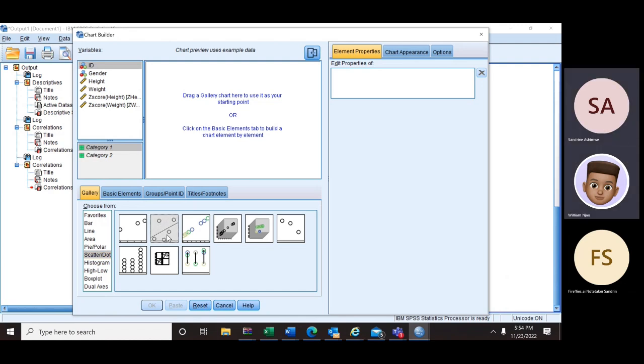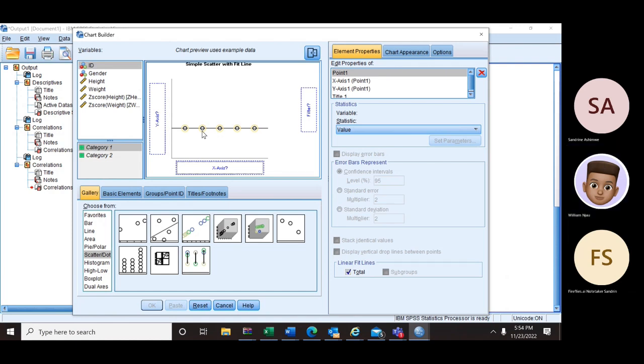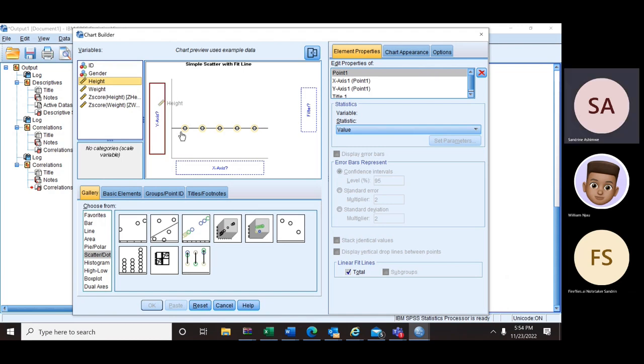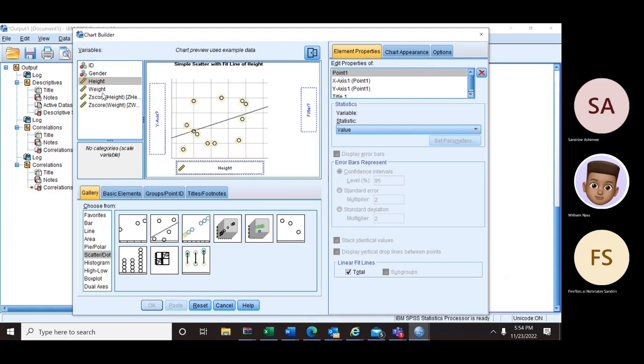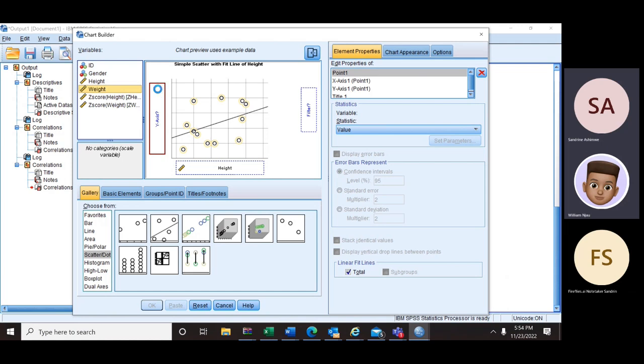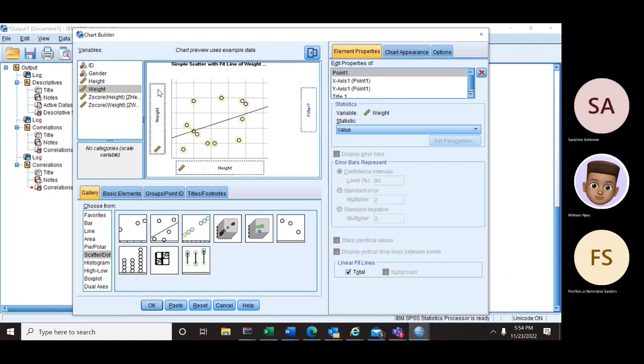So now you'll pick it and then you drag it to the chart. And then you're going to take, now what do we want on the X? What do we want on the Y? Let's put height on the X, and then weight on Y. Is there anything else?